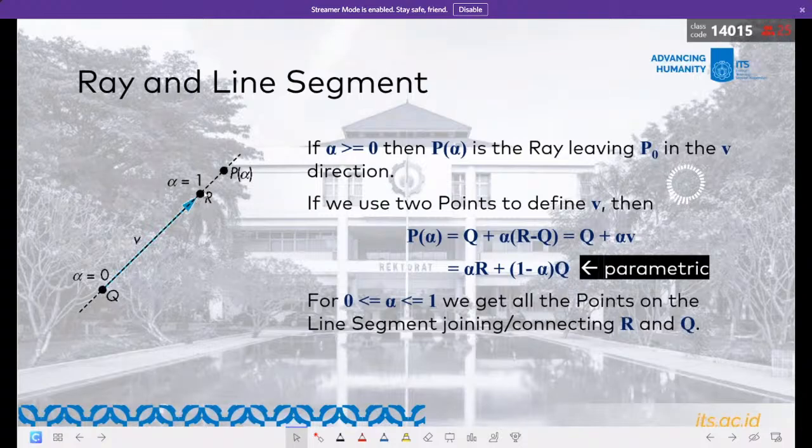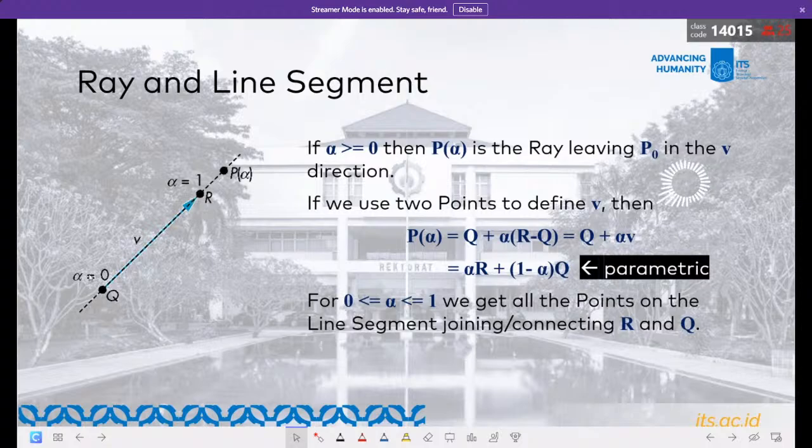You can choose one vector and 1 point, or just 2 points. Because if we only have 2 points, actually it's very easy to get the vector, right? You just need to subtract Q from R to get the vector, from the previous equations. Hope you still remember from the previous slides. So it can be both ways: you can choose between having 2 points or 1 point with 1 vector.